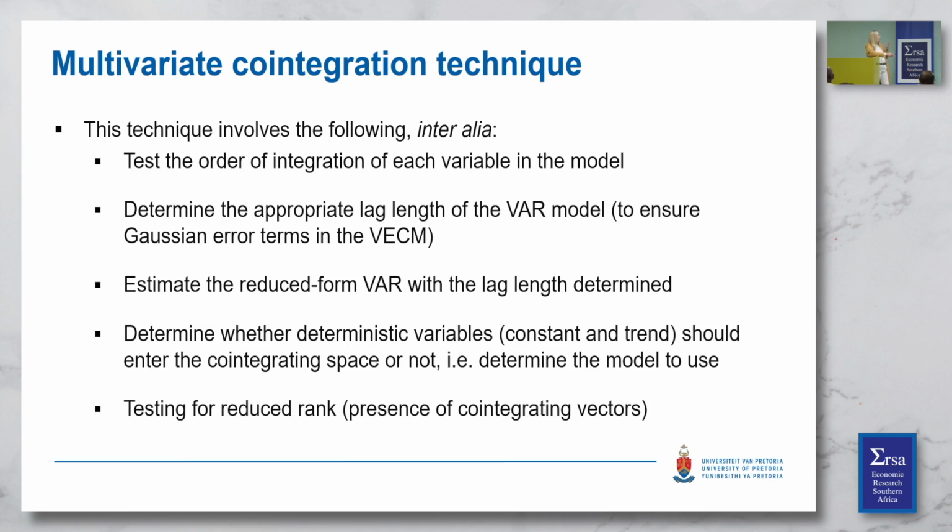We test for the VAR, we estimate the VAR, and then we just decide, do we want to include a constant in the long run, in the short run? For Engle-Granger, we have kept a constant in both the long run and the short run. We can include trends in both of those, if that's applicable. And then we will also test for reduced rank. That is, how many co-integrating vectors do we find, in simple language?